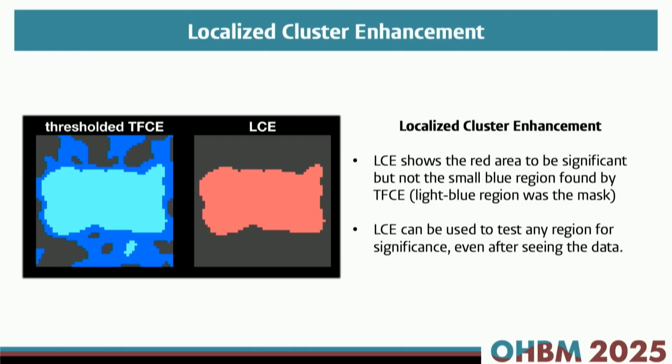So, as said, I've gone over this a little bit. In this case, we've taken the mask in the light blue as our clusters of interest. Basically, there are two, this one and this smaller one, and we calculated the localized cluster enhancement procedure. In this case, this is the only one that remains. So these light blue regions were the mask, and the LCE significance says this is a cluster that has at least one active voxel which is LCE significant.